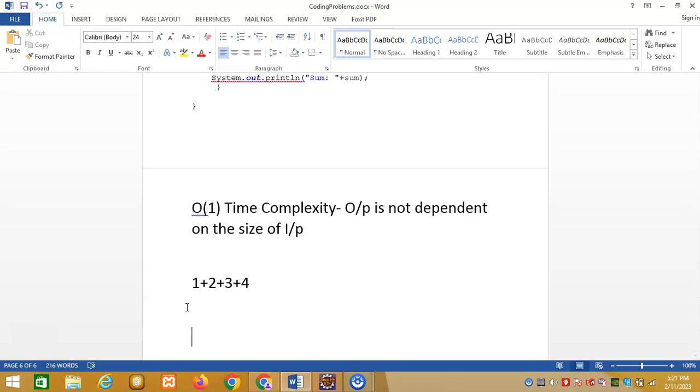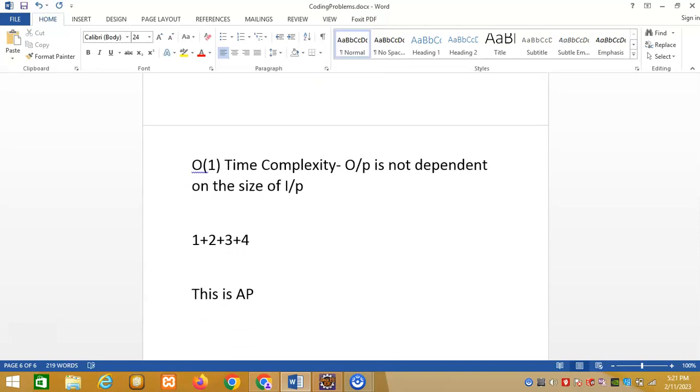If you see, this is an arithmetic progression series. How do you know it is an arithmetic progression series? If the difference between the second value and the first value is equal to the difference between the third value and the second value, and similarly between the fourth and third value, that is, if the difference between consecutive numbers is the same, then it is an arithmetic series.